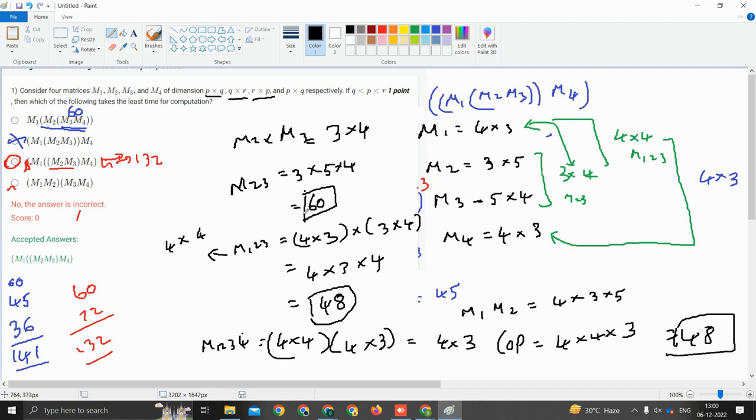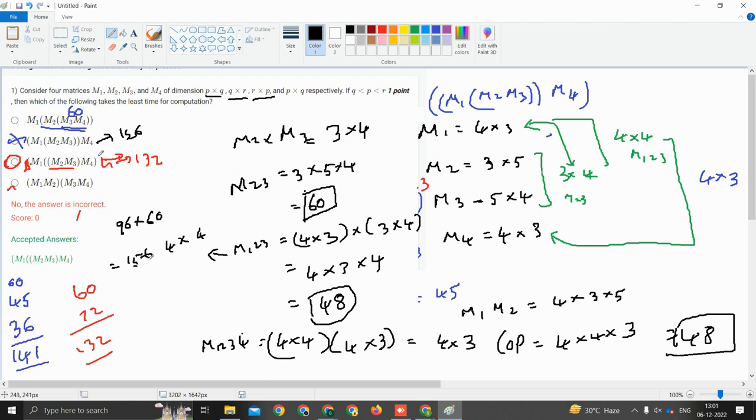Now, simple. The number of operations is 60 plus 48 plus 48. How much is that? 96 plus 60 is going to be 156. So this option came up with 156 operations.